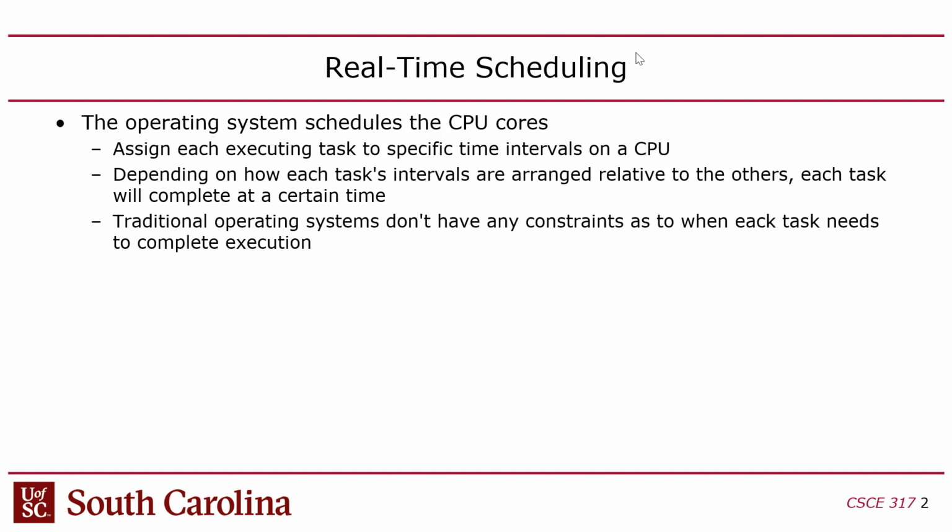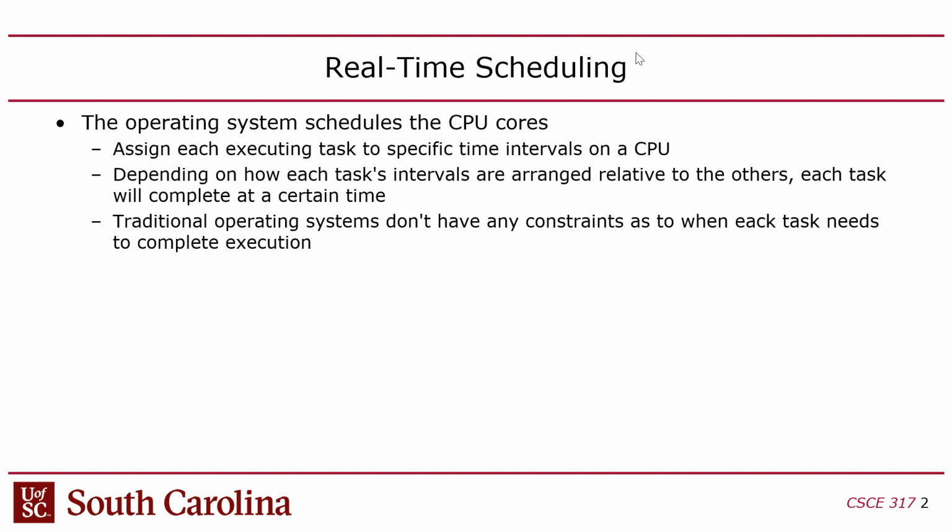The problem is that general purpose operating systems like Linux and Windows don't allow you to tell them how fast you want each task to execute. They don't make any kind of performance guarantees.